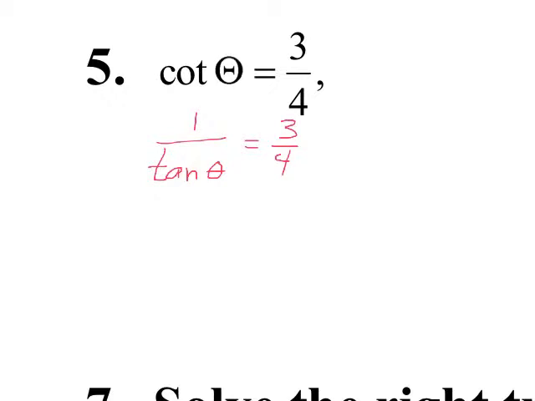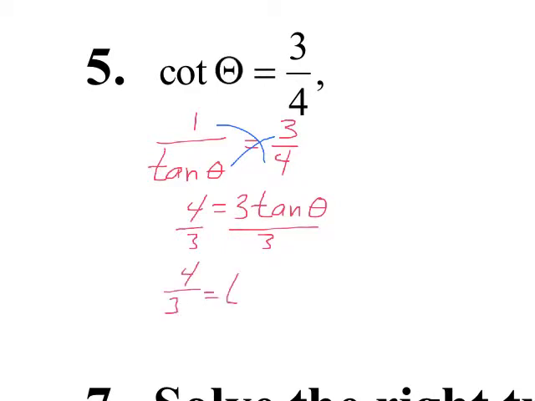If you go back to the very beginning of our notes, that's exactly what we put in that little box. What we have there is essentially a proportion, so we can just cross multiply and end up with 4 equals 3 tangent theta, and then I could divide by 3.